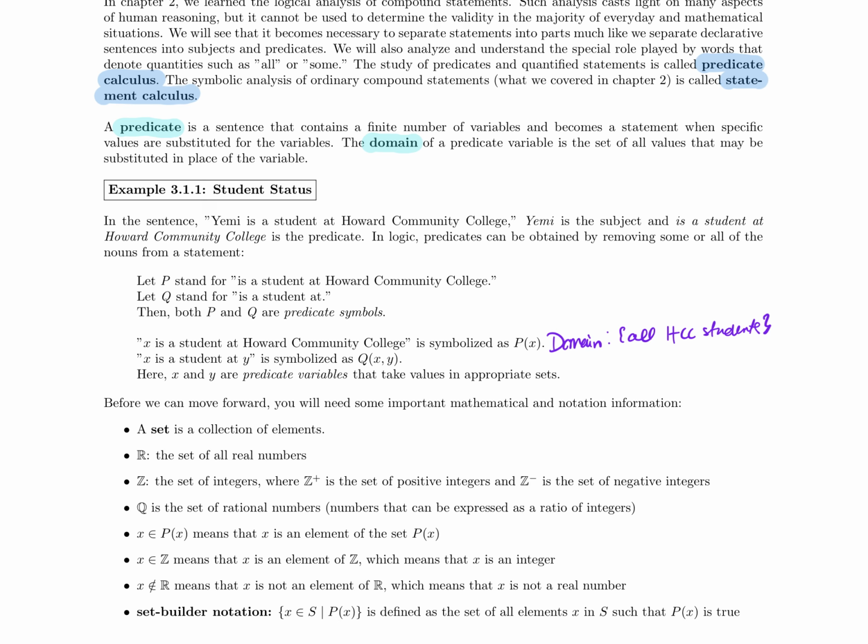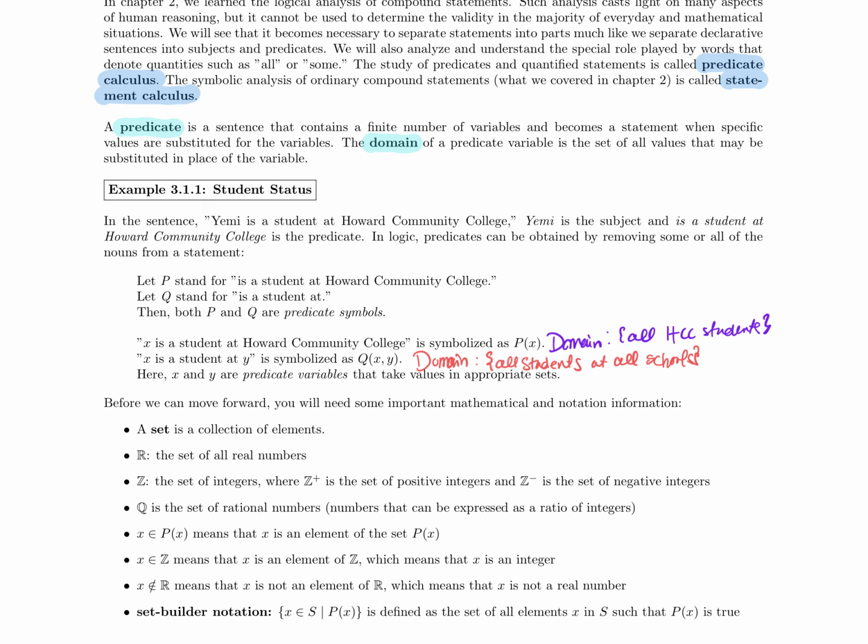And our domain has changed dramatically, because our domain would be all students, that's the x's, at all schools. There are your y's. We did not put any qualification on what the school is, so now all schools are valid.